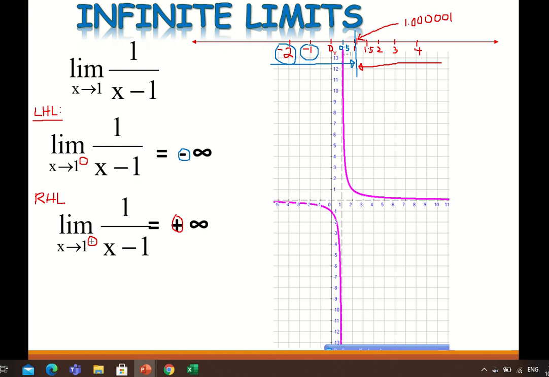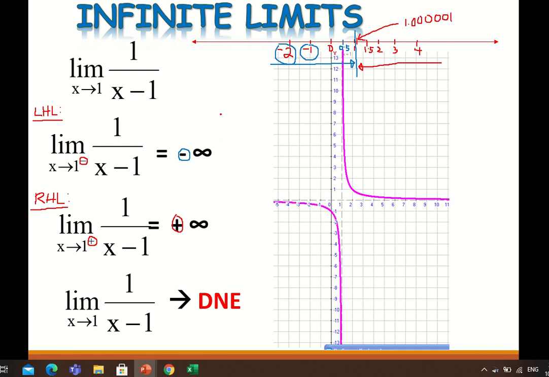What can you say about the two limits? The two limits exist, negative infinity and positive infinity, but they are not equal. Therefore, the limit of 1 divided by x minus 1 as x approaches 1 does not exist.